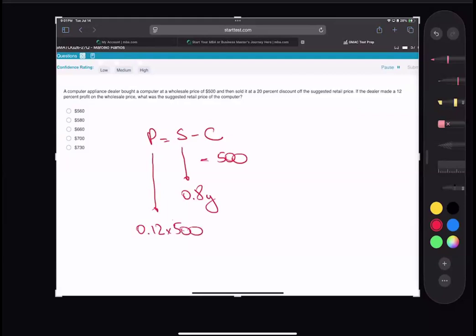Can I do that? 12 times 5 is 60, because if it was 10, it was 120, get the half. Okay. 0.8y minus 500. Is that okay? 0.8y is equal 560.